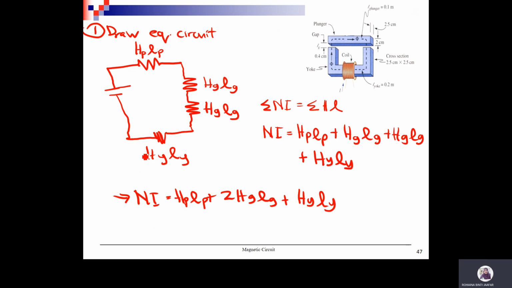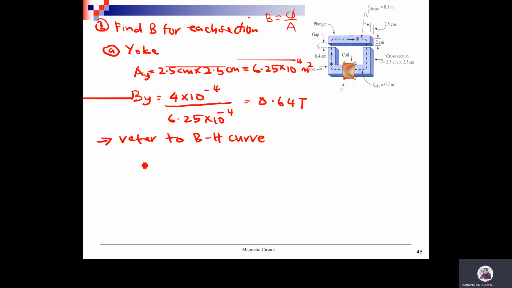So this is your H yoke, equal to around 410 ampere turn per meter.